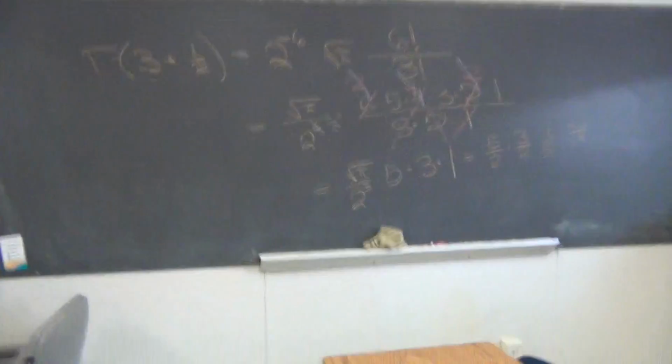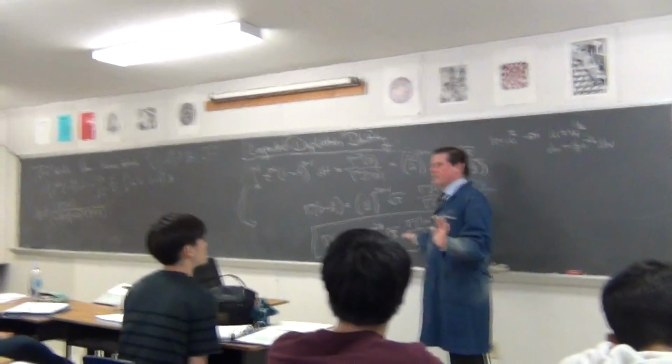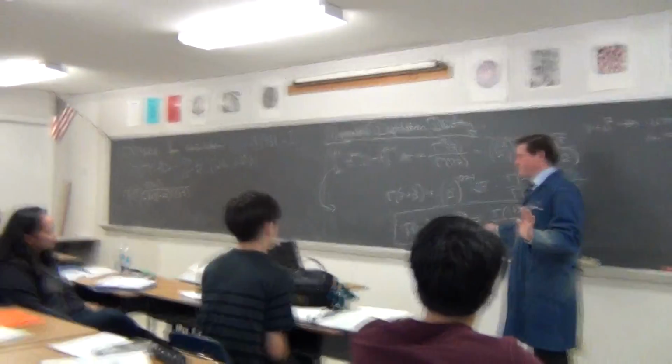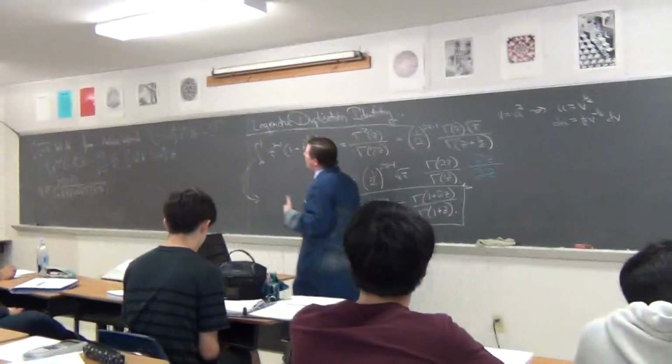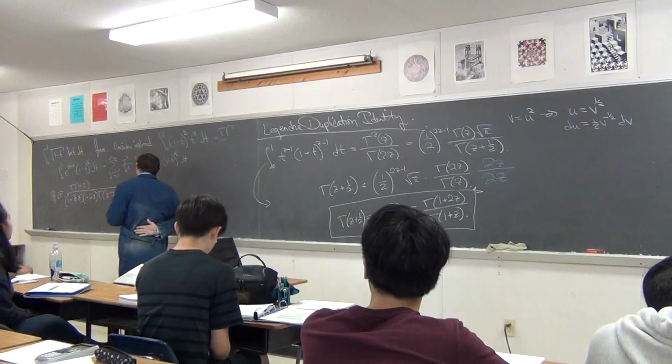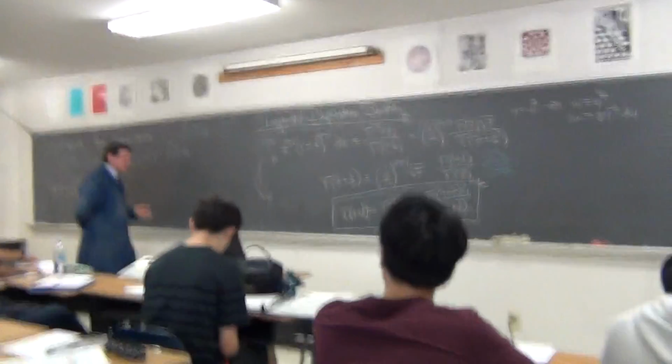This is our identity that we're going to want to use in the form that we're going to want to use it. Okay? Right here. So now what I need to do is work with my pink expression.